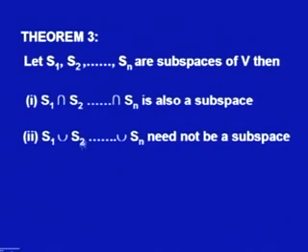Similarly, S1 union S2 union up to Sn need not be a subspace. The result has been established for n equal to 2, but it can be further generalized to finite n subspaces. The viewers can prove these results, and the hint is they can use mathematical induction.